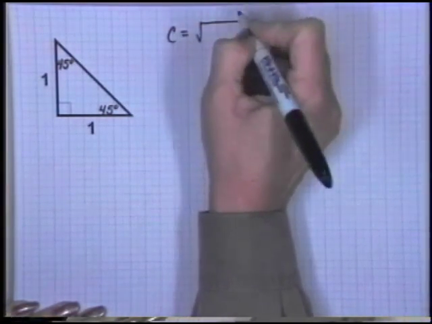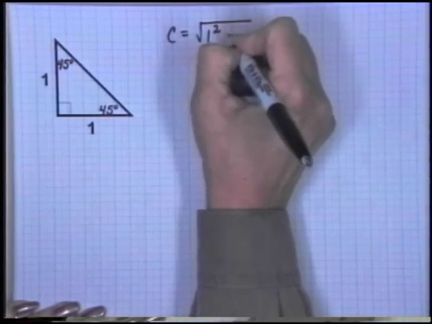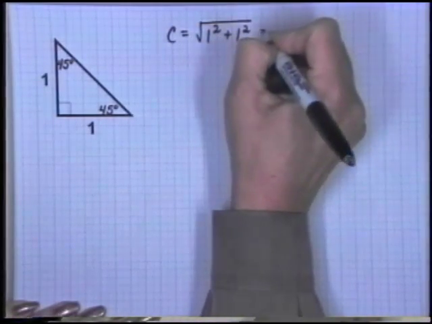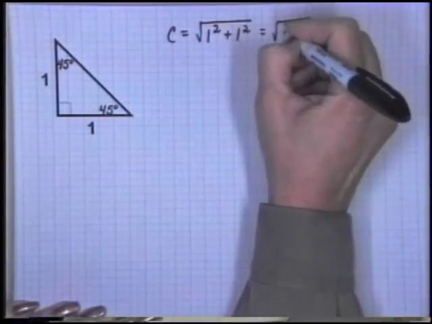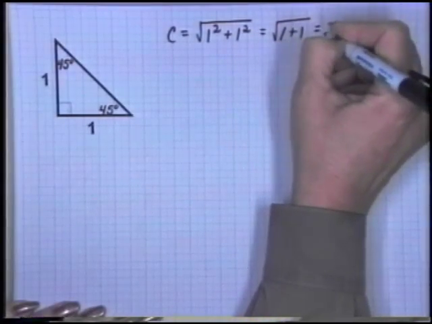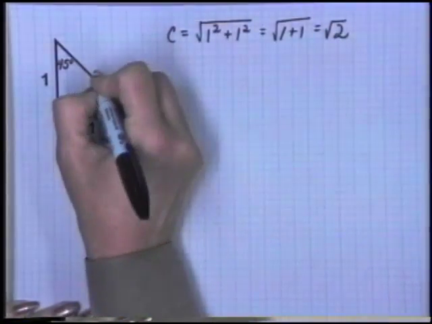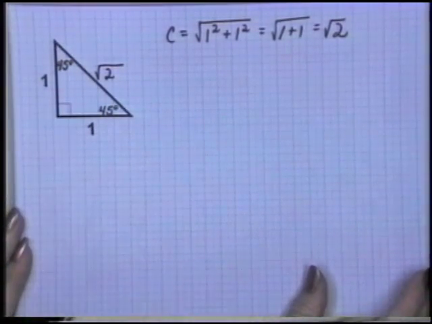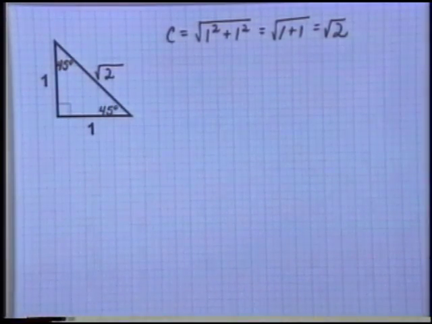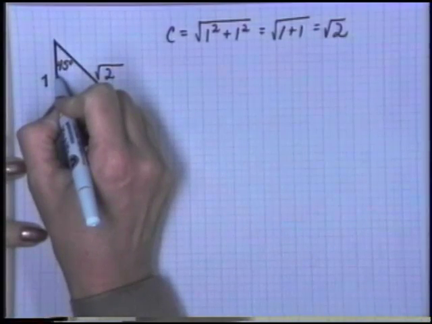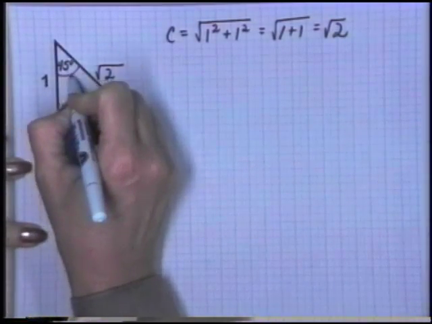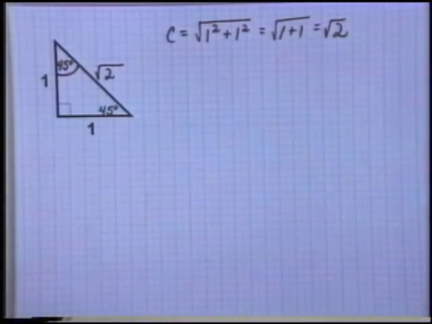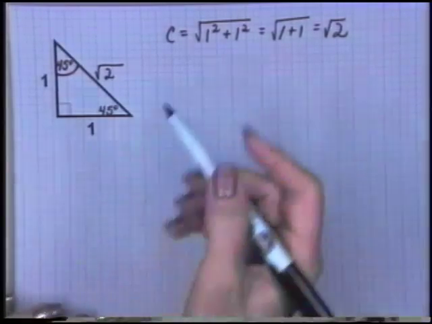And we know to find the hypotenuse, we'll say 1 squared plus 1 squared, which of course gives us 1 plus 1, or the square root of 2. So let's just label that as the square root of 2. And it really doesn't matter here which of these angles we use. Let's use this 45 degree angle.